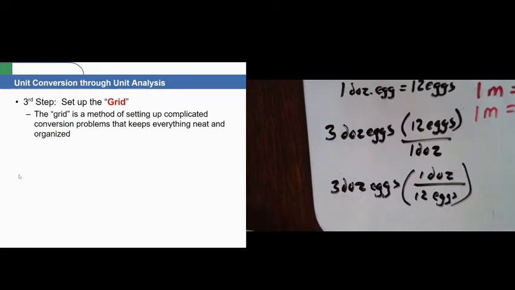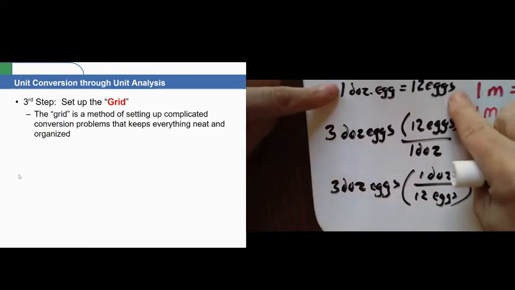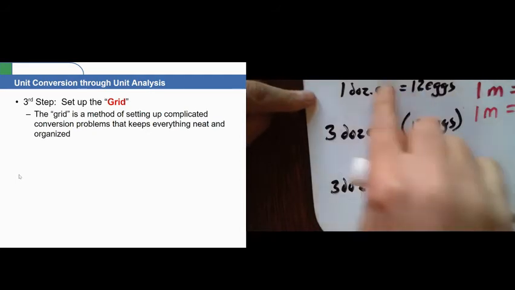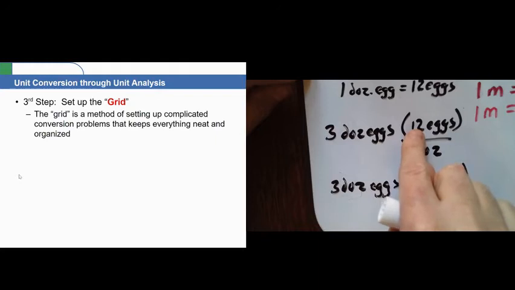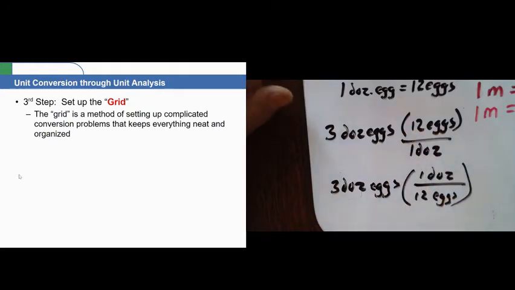Both of those, theoretically, we could do from this equality. Because remember, whenever you set these up, an equality is a conversion factor. The top unit has to be equivalent to the bottom unit. 12 eggs is equivalent to 1 dozen eggs, just like 1 dozen is equivalent to 12 eggs.